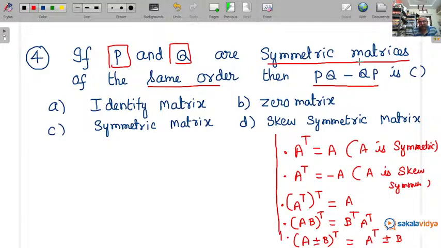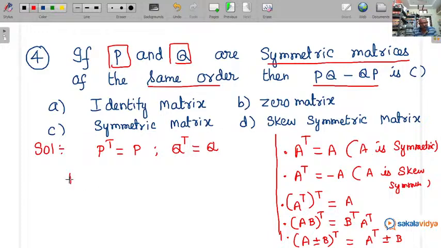First let us apply transpose to PQ minus QP. What is the given data? P is a symmetric matrix, so P transpose is equal to P. Q is also a symmetric matrix, Q transpose is equal to Q. We know these two concepts according to the problem.